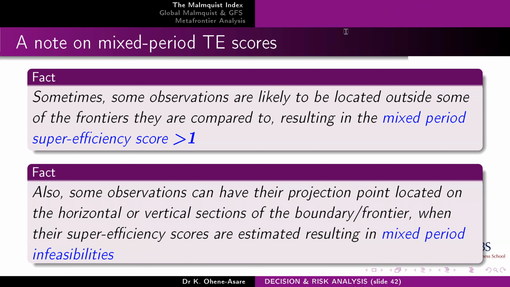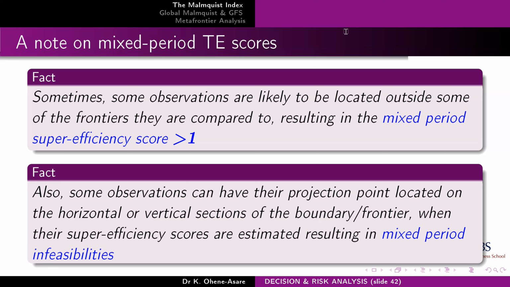The second fact that you got to understand is that some observations can have their projection point located on the horizontal or the vertical sections of the boundary when their super efficiency scores are estimated. In other words, when you estimate them, they will not touch the frontier, because they are moving in the same direction as the horizontal or the vertical section.